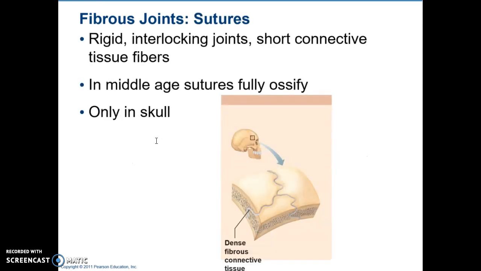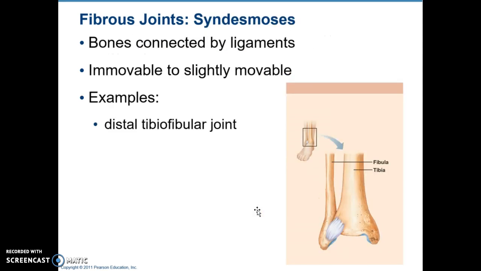So first up are the sutures. This you don't really need to describe so much. It's, as this says here, very short connective tissue fibers that are knitting 2 bones together. And you already know what a suture is, so these are the joints that hold together your skull, is what you would give for the example. The syndesmosis is 2 bones connected by a very short ligament.